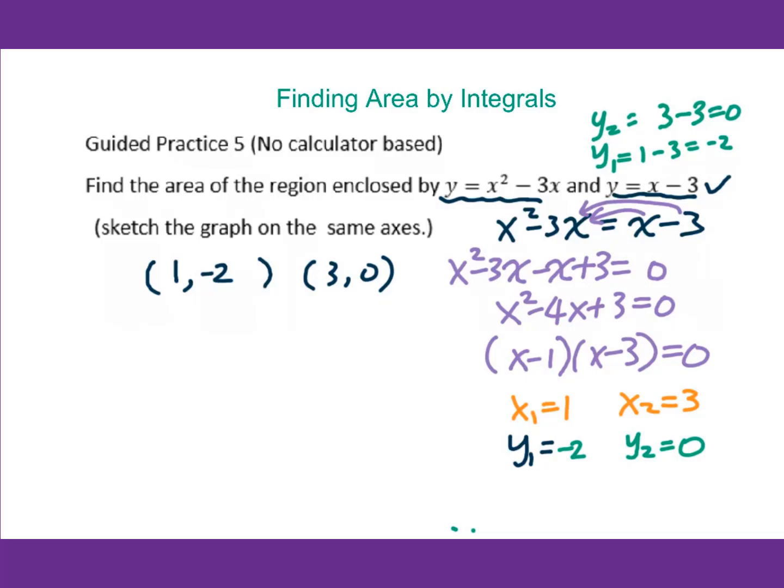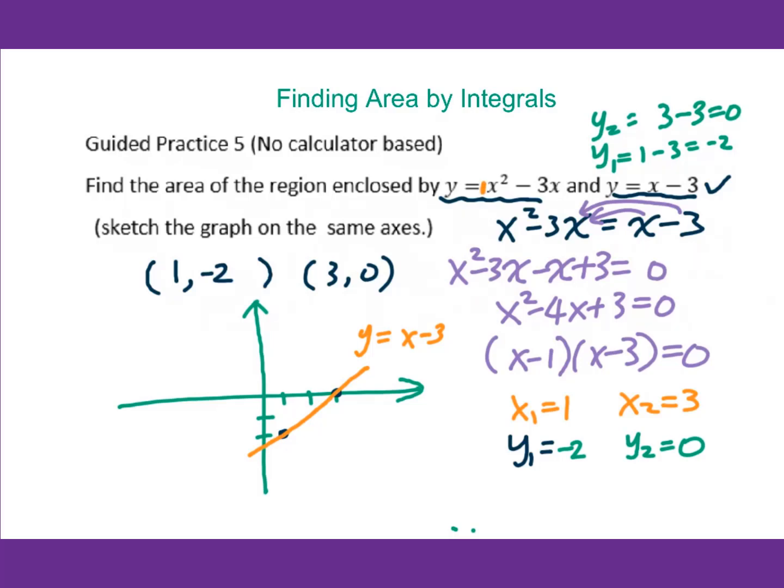Then we can sketch the graph. (3, 0) is here, and (1, negative 2) is here. Then you can connect these two points. This will be y equals x minus 3. For this quadratic function, 1 is greater than 0, so it opens up.